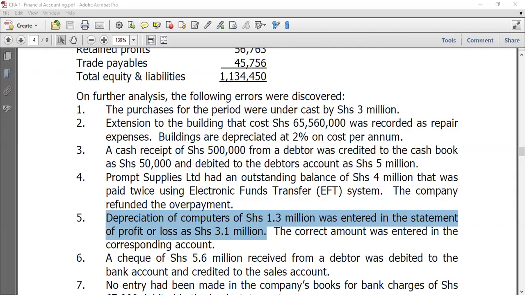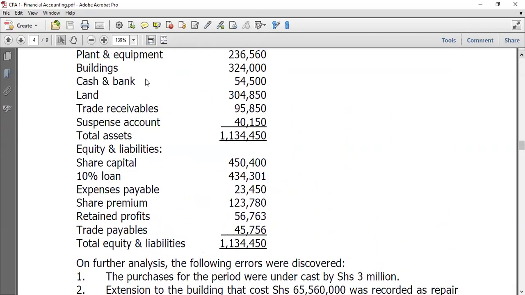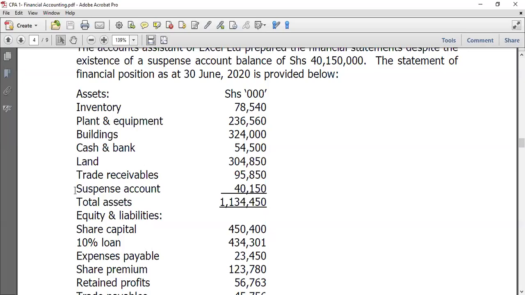And it is one of the reasons why you see the suspense that is coming in here when you look at your balance sheet or statement of financial position. You're seeing that it was not balancing. And actually, by the way, this suspense account was brought up in the statement of financial position, not even at the trial balance level. So this should be able to give you a picture.